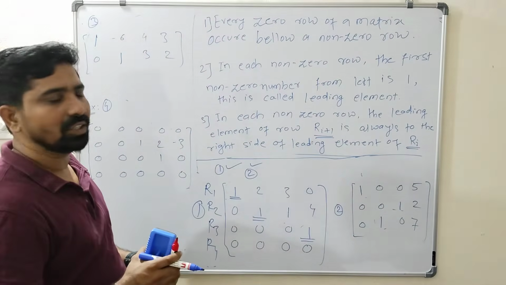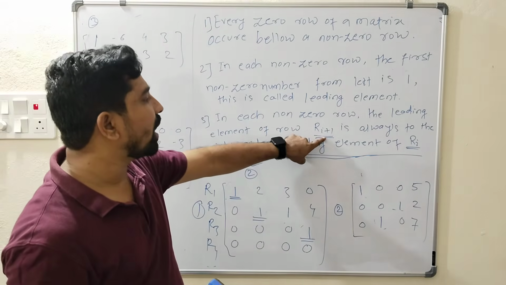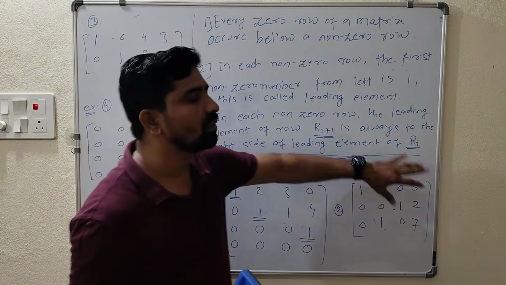Now come to property 3. In each non-zero row, the leading element of Ri plus 1 is always to the right side of the leading element of Ri.